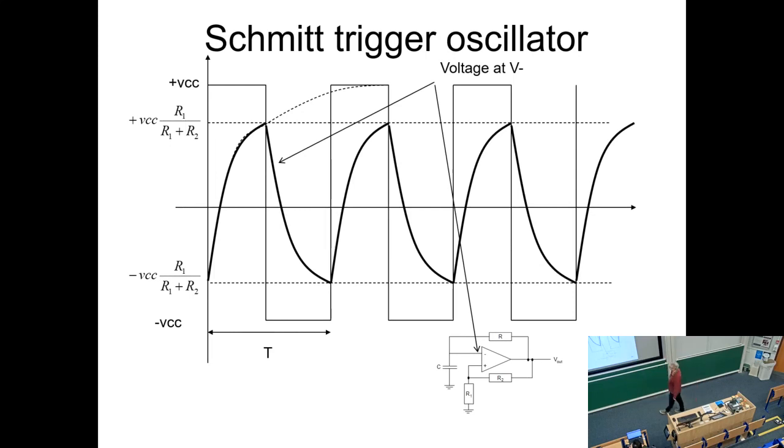If you start looking at what's going on here, you can see that this RC time constant is this big black waveform, the sawtooth waveform. That's the charge and discharge curve for a single capacitor with a resistor circuit. You can see that when it hits one trigger level or the other, the output moves either high or low.